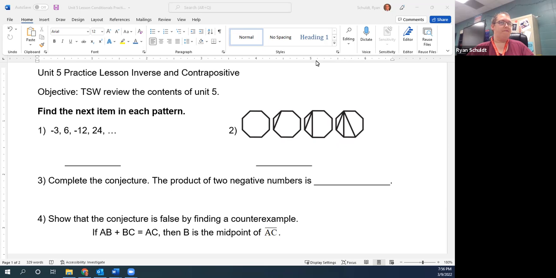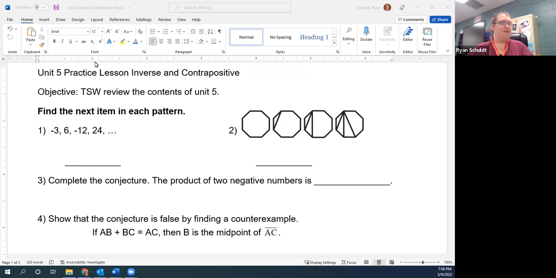Okay, for the first two, we're identifying patterns. We need to figure out what's going on. So I'm going from 3 to negative 3 to 6, 6 to negative 12, negative 12 to 24. What could I be doing each time?